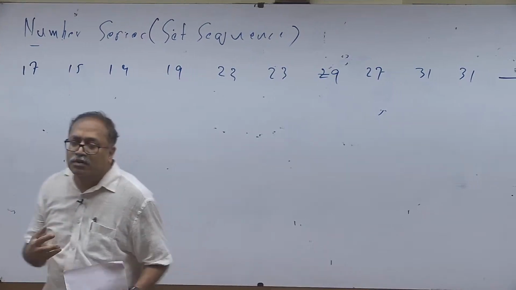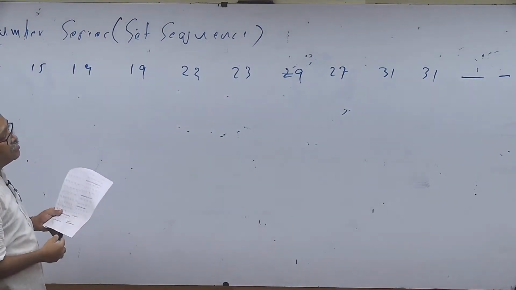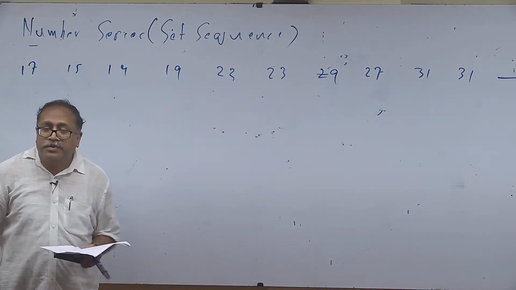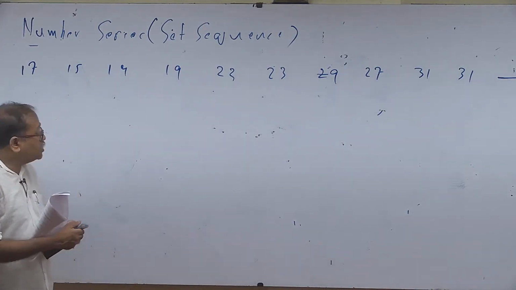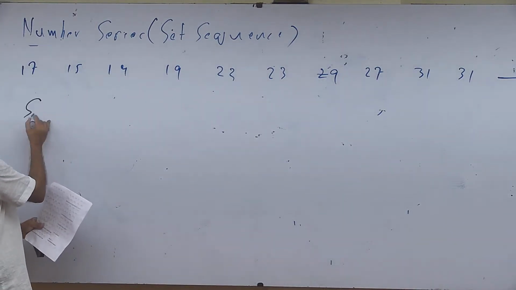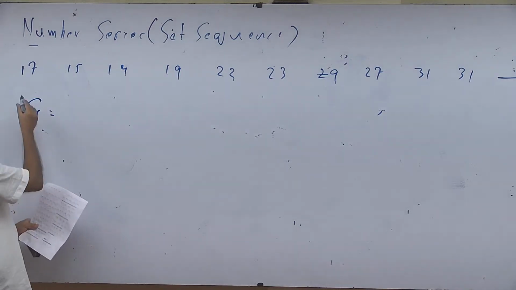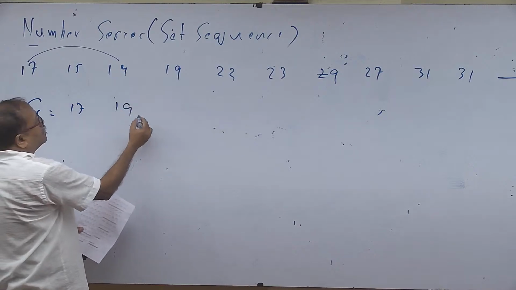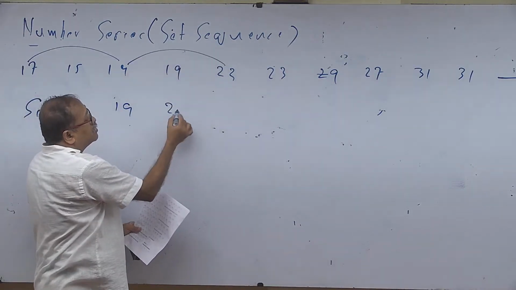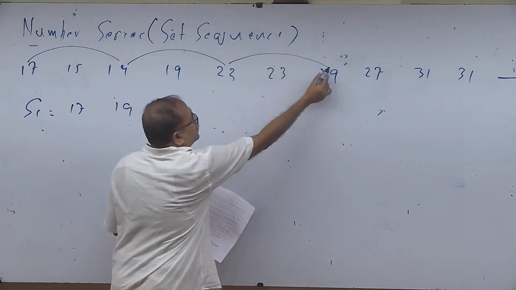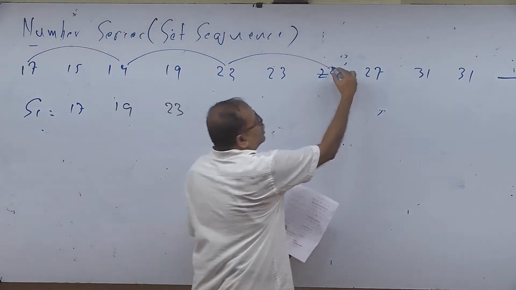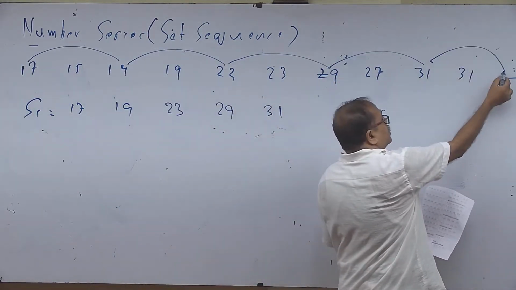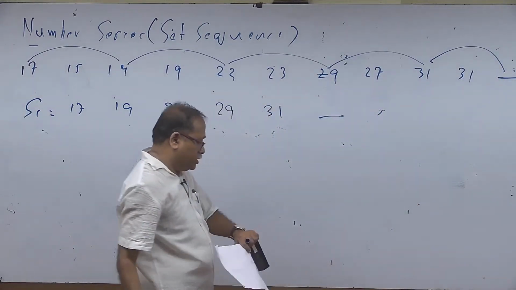Can you see that this sequence is a little lengthier when compared to the previous sequences? So here there are two sets. Set 1 or series 1 is the alternate numbers 17, 19, 23, 29, 31 and question mark.